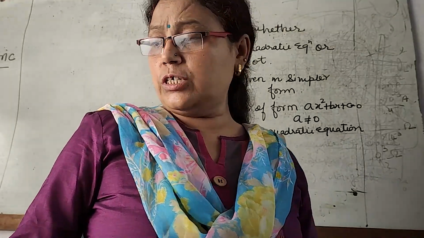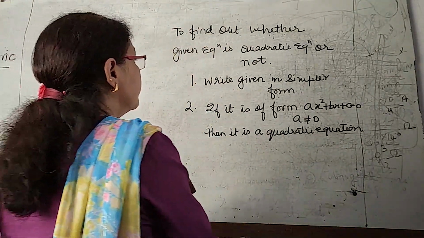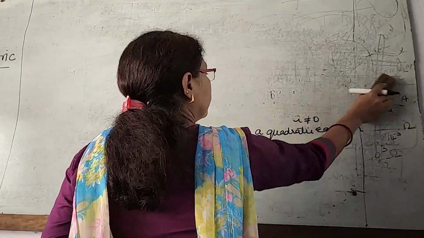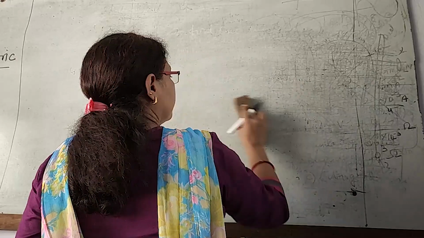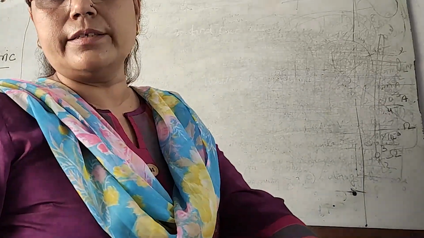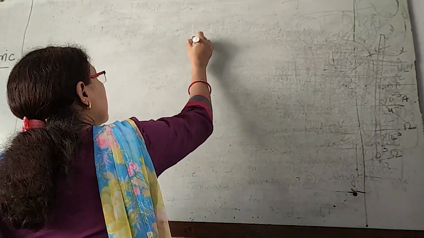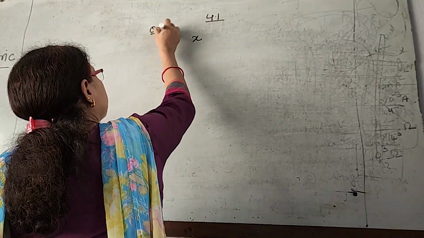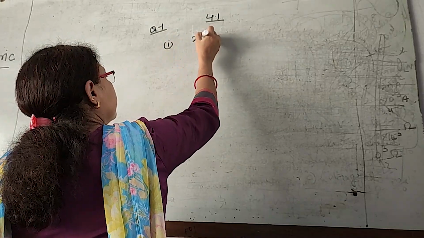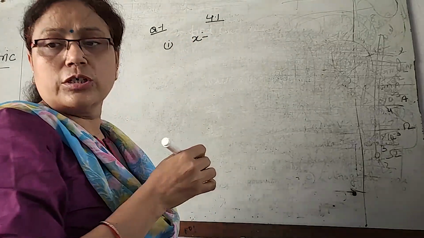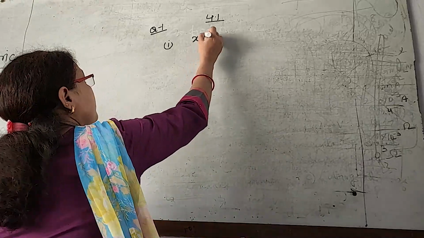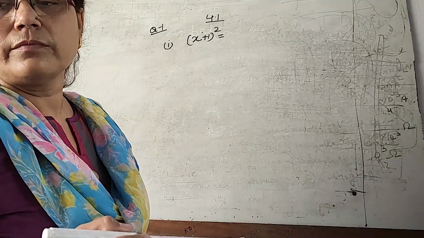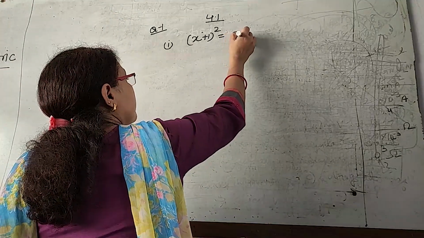And the very first question, children, is (x plus 1) whole square equal to 2x minus 3.